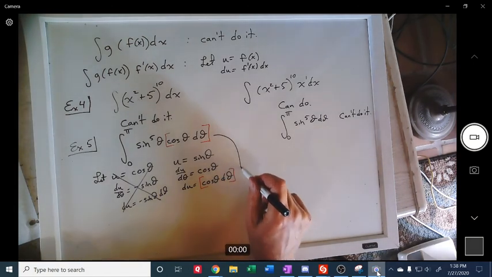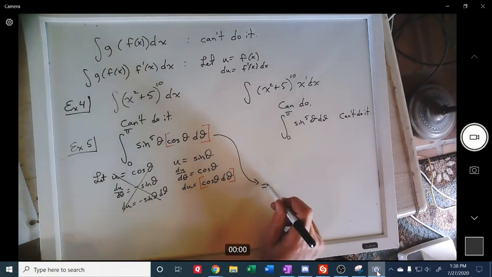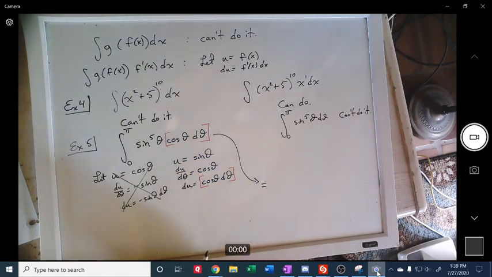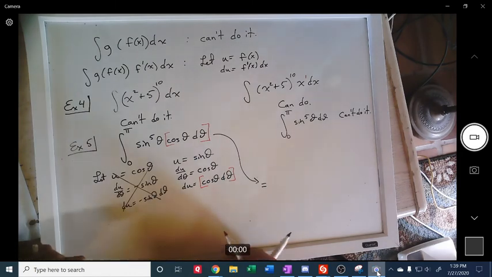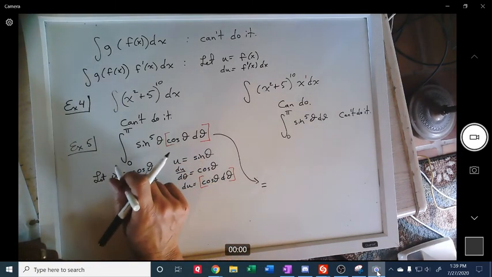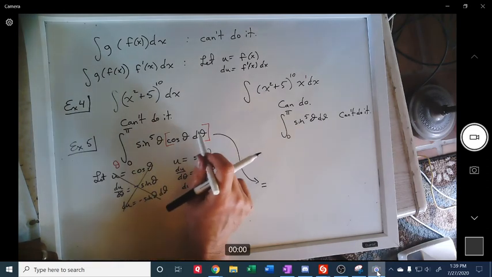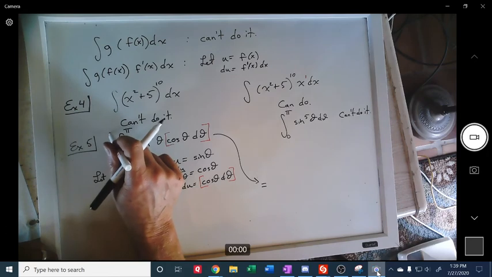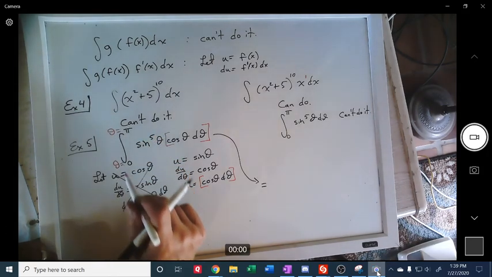So this becomes... Now, before I put the rest down, I'm going to go back and, this is what I'm going to recommend you do as well, whatever the variable is in here, write these out right here.